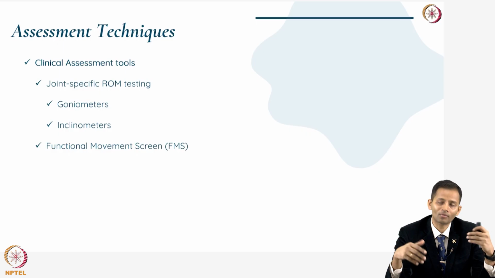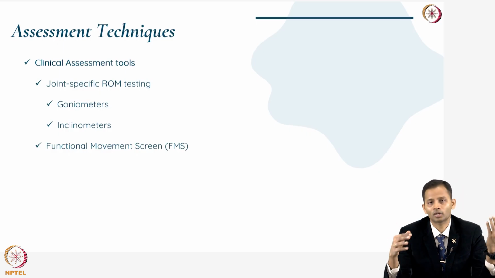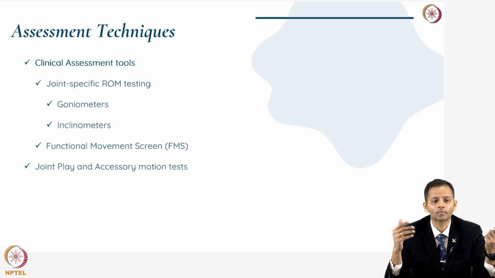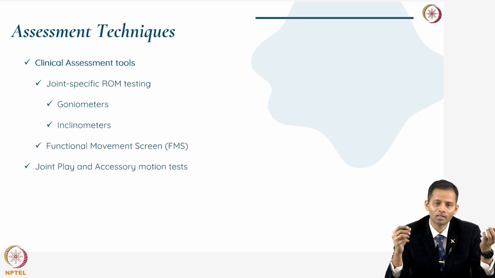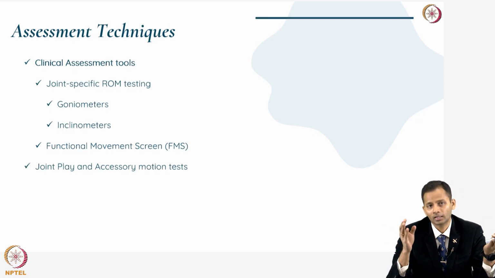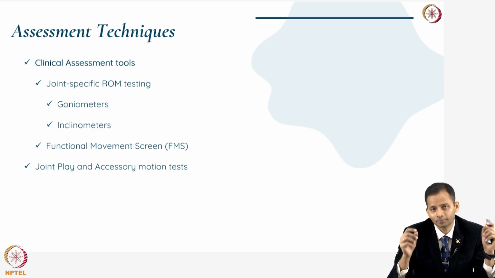You can also use a functional method of assessing the movement and motor control by using functional movement screens, which has become more prevalent of late. And further, joint mobility is a function of the joint per se. It is important also to understand the accessory movement that can happen within the joint itself.